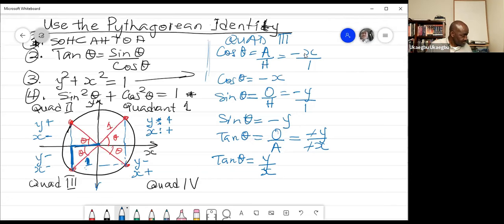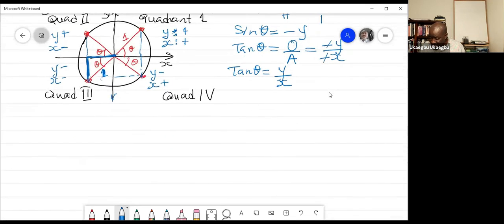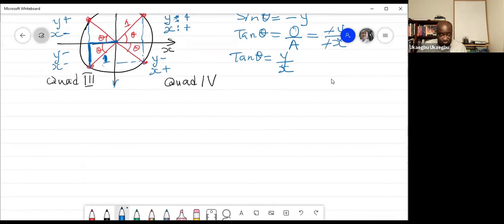All right. Based on what we have just explained, let me give you a chart that you can use as a reference point right now. Let me write it so that everybody can have access to it. Just draw your 4 quadrants.